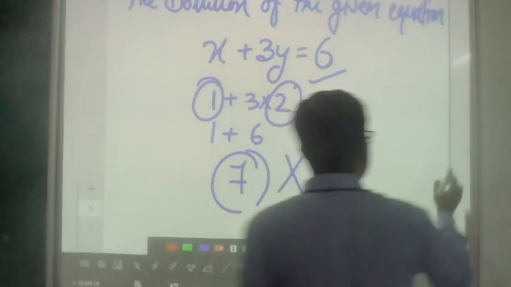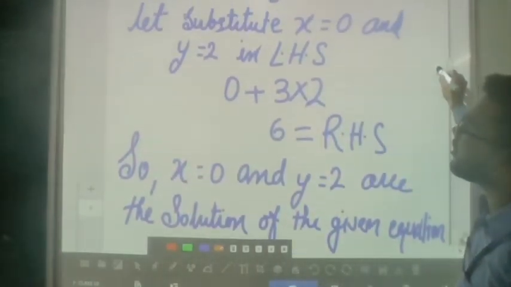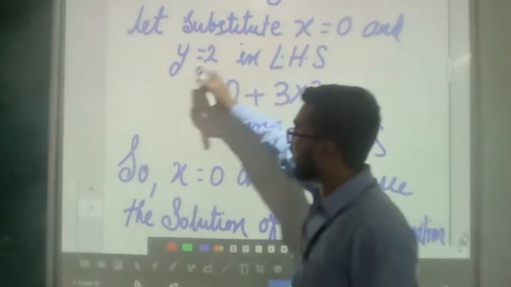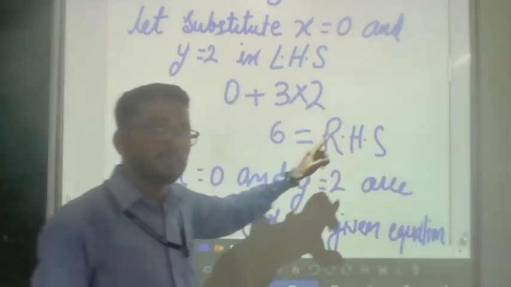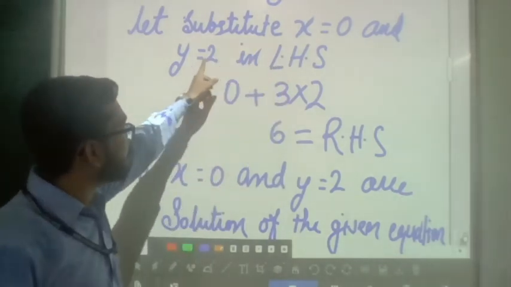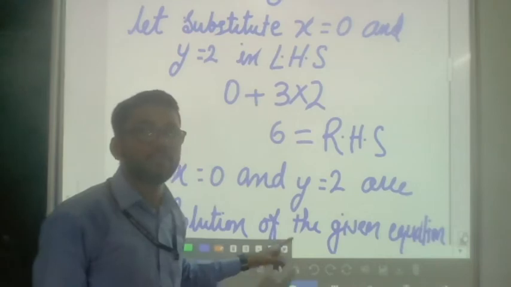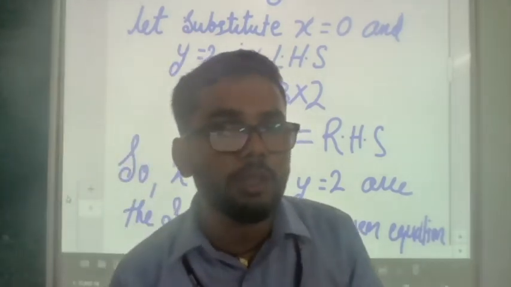But in the previous example, for the previous values of x and y, the value of LHS is equal to RHS. That is why the values I have taken, x is equal to 0 and y is equal to 2, are the solution of this linear equation. So what is the solution of a linear equation?